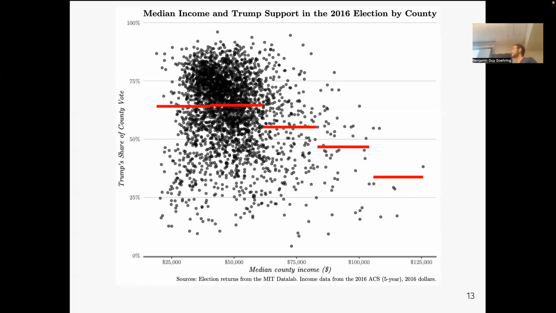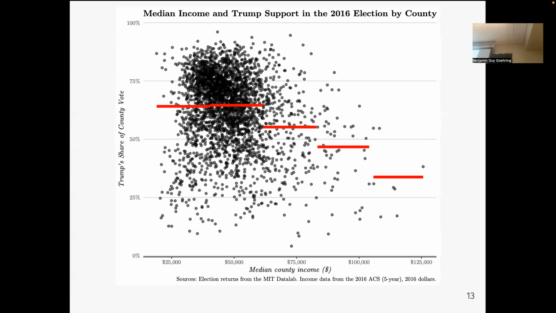So we could split these up into even more bins. And this is a bit more precise, right? We're being a bit more accurate about, okay, on average, if a county has an income above $100,000, its share of support for Donald Trump is going to be pretty low, versus one with an average median income.